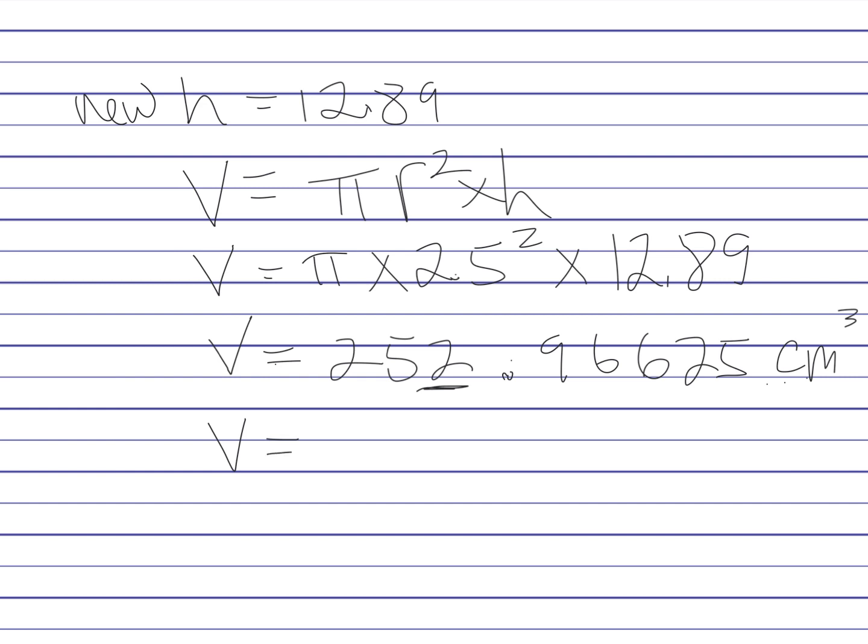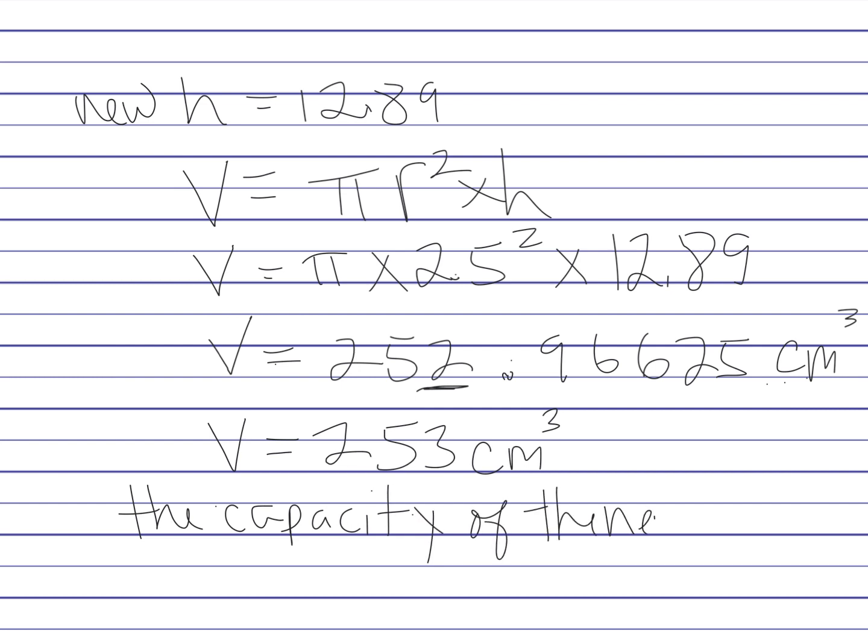The rounding gives us 253 centimeters cubed. Because it's a liquid in the can, we want to put it back into milliliters, and it's 1-to-1. So our final answer is the capacity of the new can is 253 milliliters.